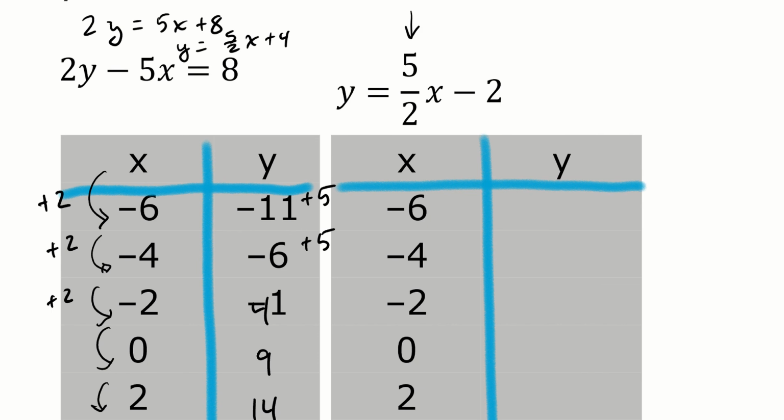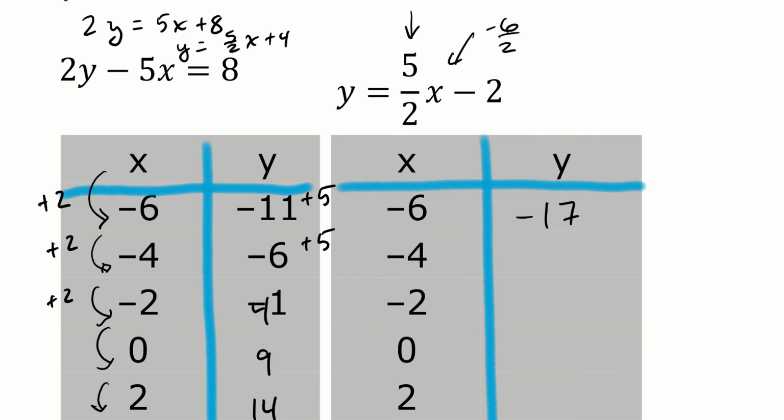So on this, let's see, I'm just going to go ahead and plug in the negative 6. Negative 6 divided by 2. So if this x is negative 6, negative 6 over 2 is negative 3, times 5 is negative 15, and negative 15 minus 2 should be negative 17, I think.